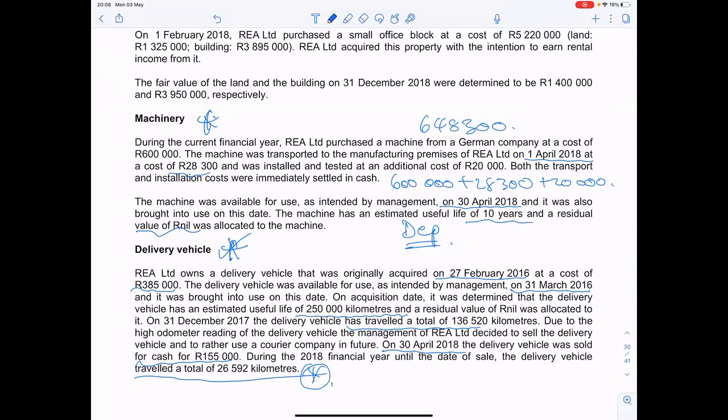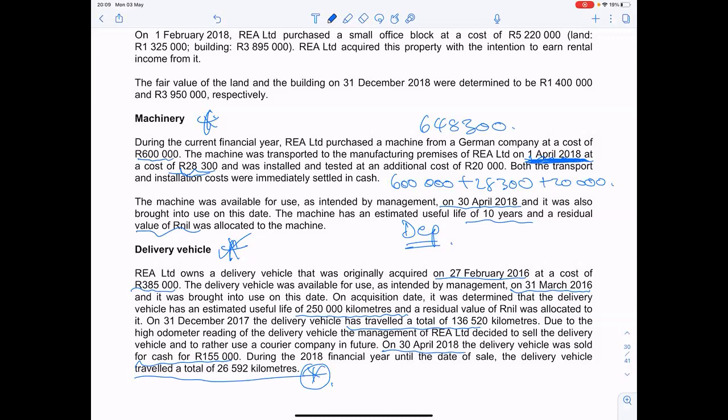Now, the machinery was acquired on the 1st of April 2018. It is in the current year. Are we together? For 600,000. Then they added transportation. We're going to add the transportation cost, because we say the cost of the asset is the cost of bringing the asset to its present location and usage.